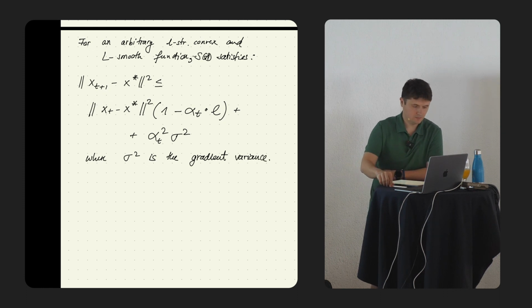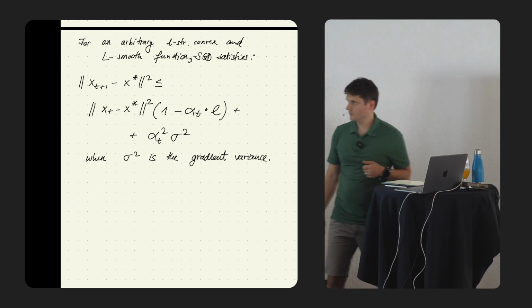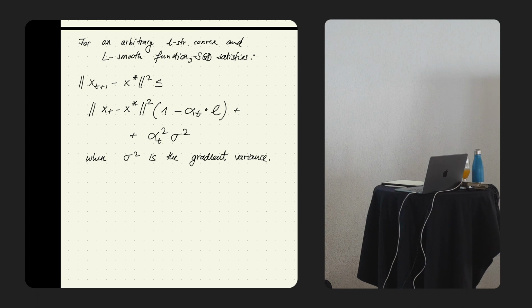So what does this actually mean in practice? It means that if we are far away from the optimum, so this thing here is large, then we will compress this difference by alpha_t times l, which should also be pretty large.